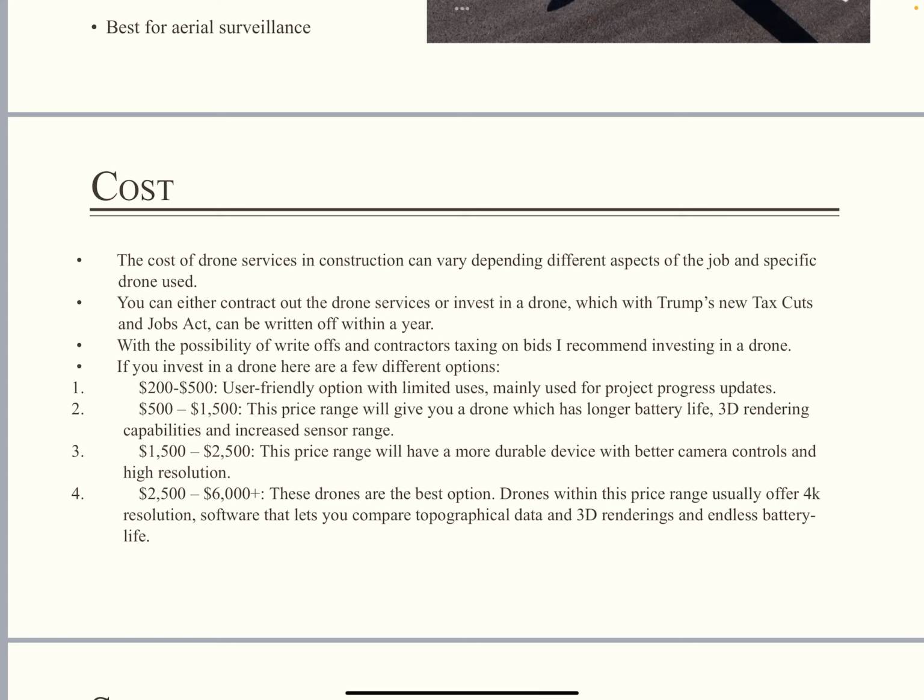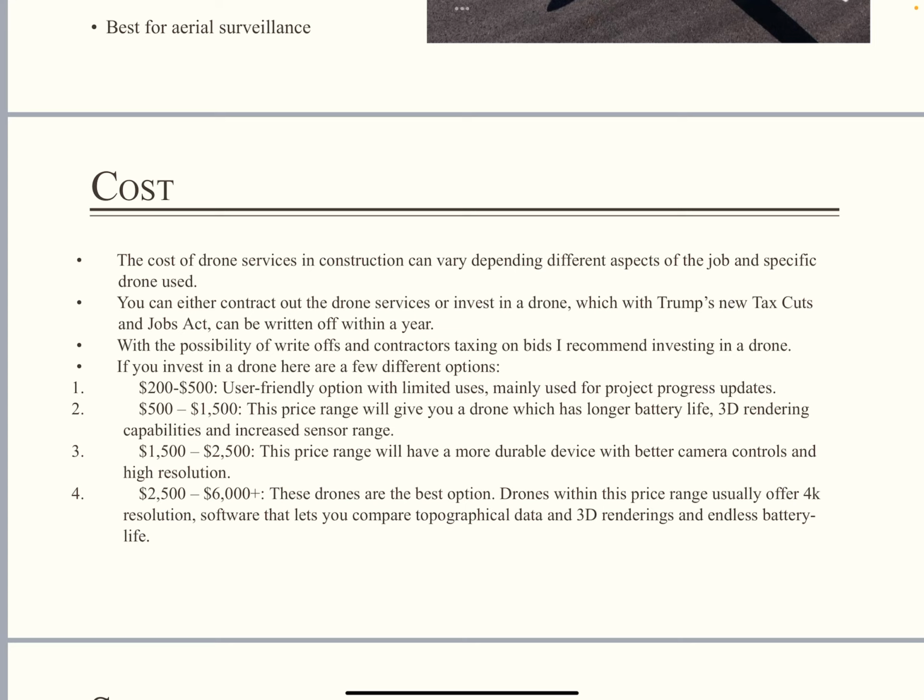If you invest in a drone, here are a few different options. The 200 to 500 is pretty much your recreational multi-rotor drones that I began with. 500 to 1500 will give you a drone that's a little bit longer battery life and a little bit more capabilities in terms of 3D rendering and a little bit increased sensor range. 1500 to 2500, this price range will have more durable devices with camera controls and high resolution, as well as the same benefits as your 500 to 1500 and 200 to 500.